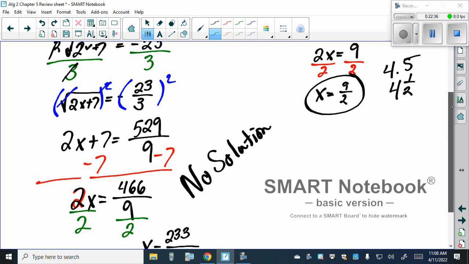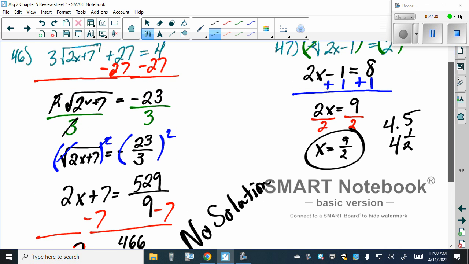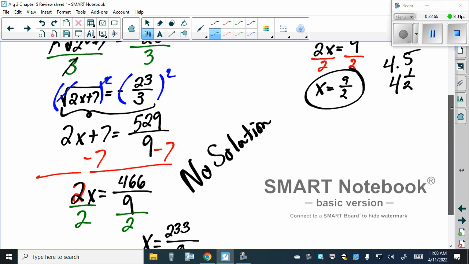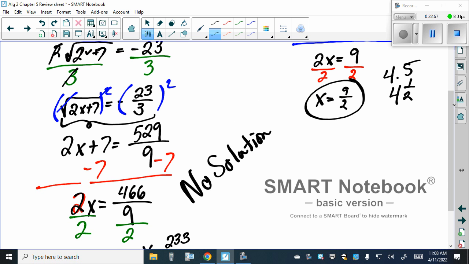Now, realistically, we could have stopped before we squared it. Because if we have an even root, what numbers can we not get out of it? They can't be negative. Because we can't take the square root of a number and get a negative answer.